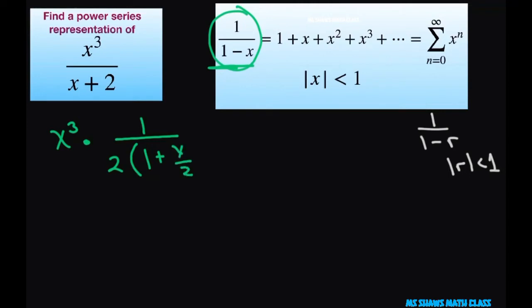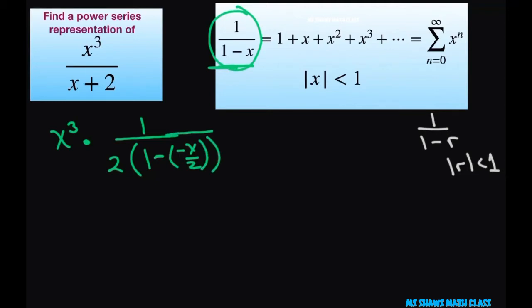Since we have a negative, I'm going to change this to 1 minus of negative x divided by 2. Okay, so basically that's it.